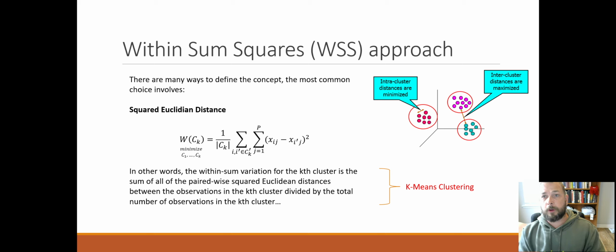And this is what we call K-means clustering. When I talk about K-means clustering, this is the algorithm that utilizes the minimization of the within sum squares approach to minimize the intra-cluster distances and maximize the inter-cluster distances. I know that's a mouthful, but that's the algorithm.